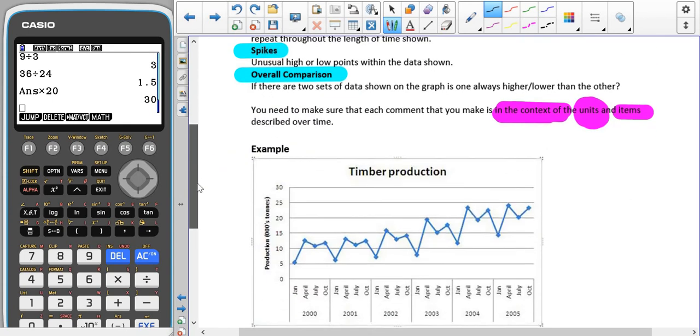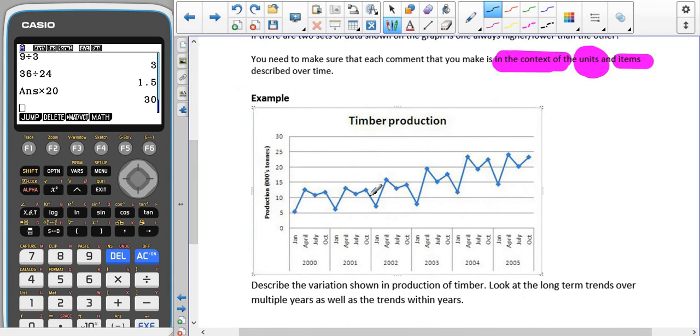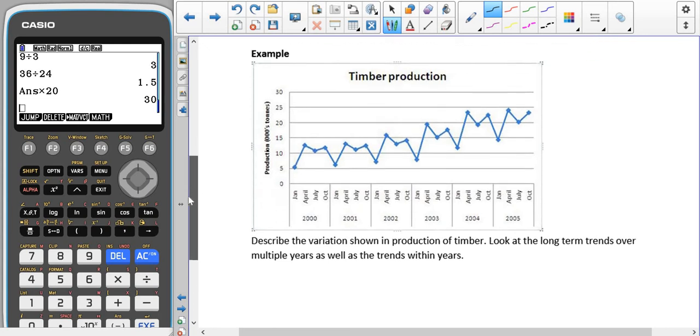If we have a look at the data in general, we can see that every year it is increasing slightly.